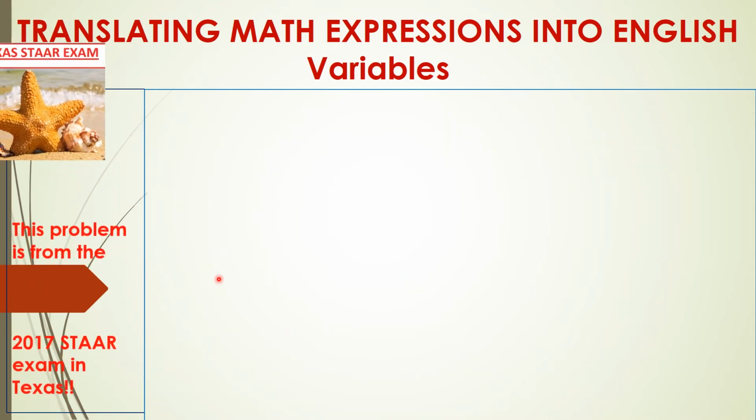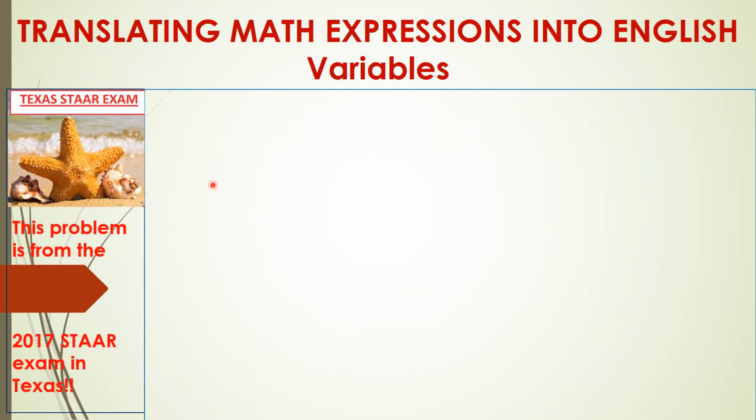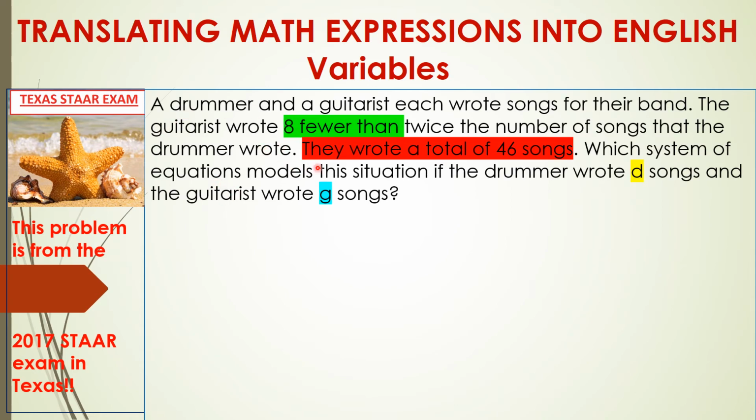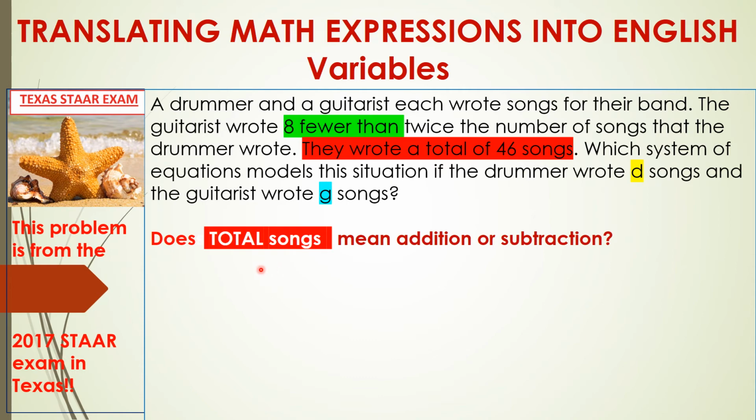Okay, let's look at another example. This is still the same problem. We're going to look at one more thing on this problem. Here in red, it says they, meaning the drummer and the guitarist, wrote a total of 46 songs. So total. Does total mean addition or subtraction? Well, if you look back at your list, which you should have in your notes, total means addition.